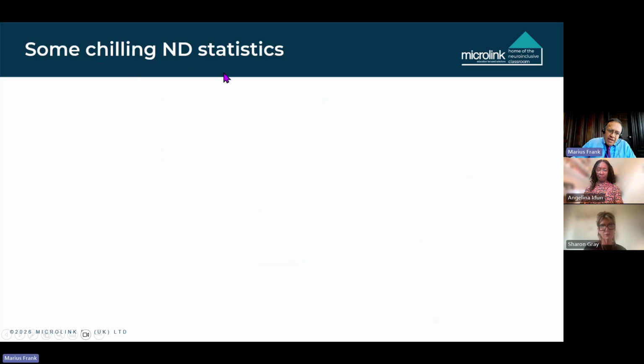Now, we're looking at this whole model from the perspective of children who are ND, neurodivergent. Okay, so it's not the global majority. We're looking at the rest of that spectrum.